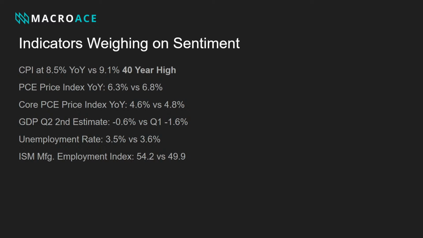Whether that will feed into the non-farm payrolls report, or how strongly it will affect it, that's what we will see today. But again, 54.2 for the employment index in manufacturing ISM data. Jobless claims this week were at 232k versus a prior of 243k. That's very tight, and a lot of people are still keeping an eye on it, to see if jobless claims tick over and start to heat up, but it's been very solid in that 200 to 250k range.